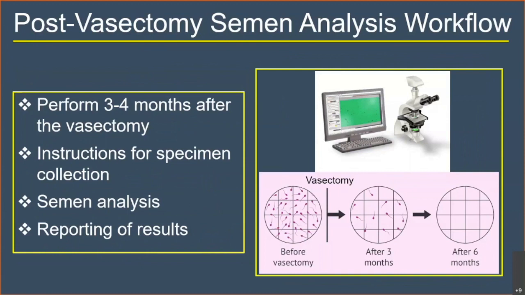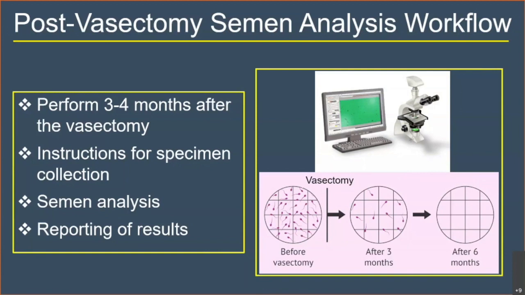So here, this slide provides the post-vasectomy semen analysis workflow, or the step-by-step procedure. The test is performed 3 to 4 months after the vasectomy procedure, and the patient is provided instructions for specimen collection.